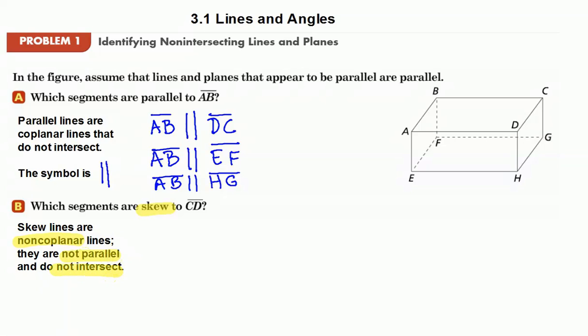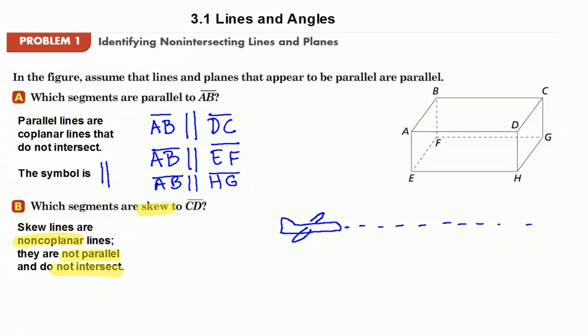The best example I can give of skew lines is airplanes. Let me draw an airplane in the sky, going straight at a certain altitude. So the altitude is our plane. A skew line is like planes that you don't want to crash.